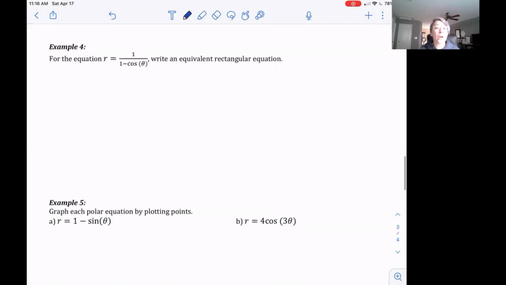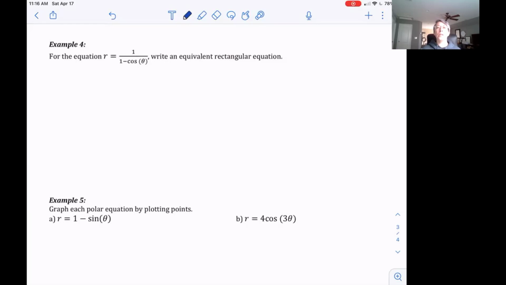For example 4, now we have an equation in polar coordinates, so a polar equation, and we want to write a rectangular equation, which means we want everything in terms of x and y, not r and theta. Well, the tough thing here is we have an r and we have the 1 minus cosine theta.